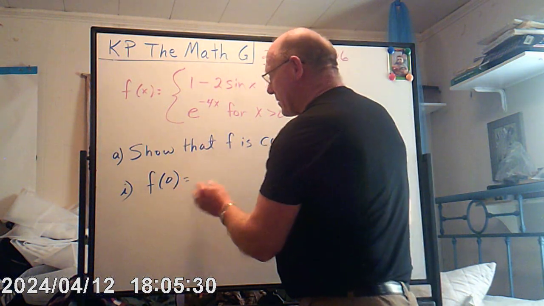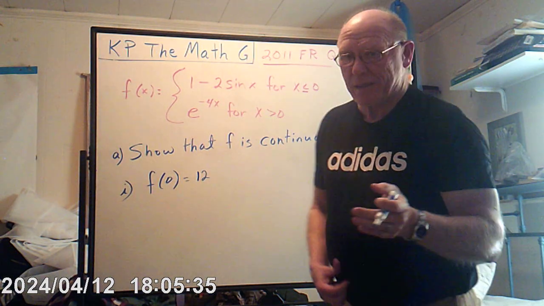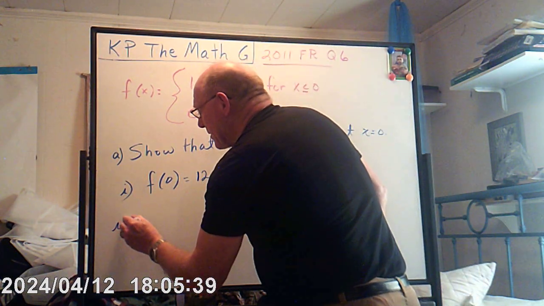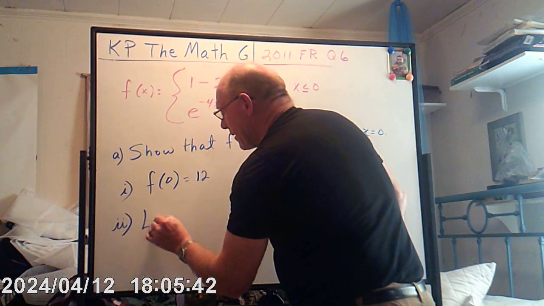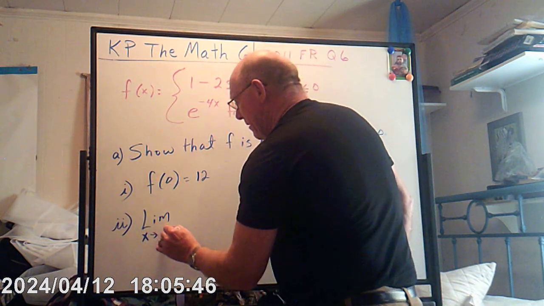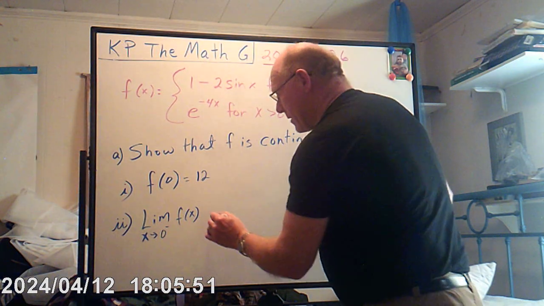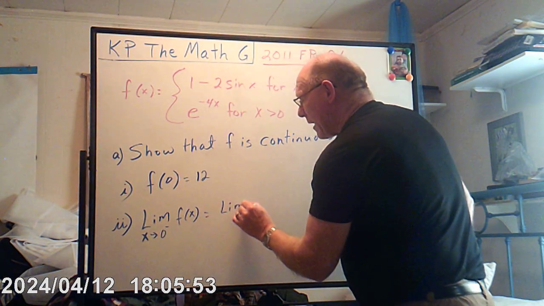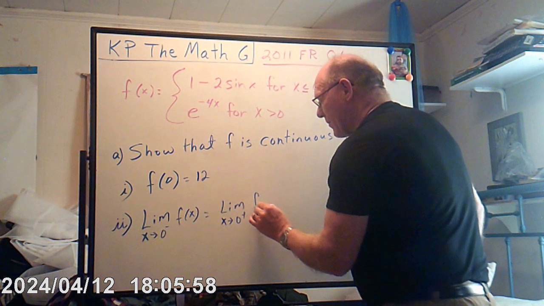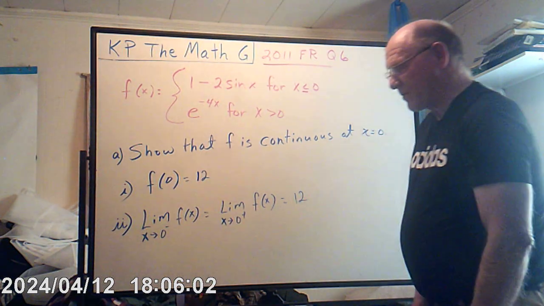We don't know. We're just going to make up a number. Let's say it's 12, and it's not 12, but let's say that it is. Then number 2, the limit as x approaches 0 from the left of F of x must equal the limit as x approaches 0 from the right of F of x. And by the way, they need to both be equal to 12.